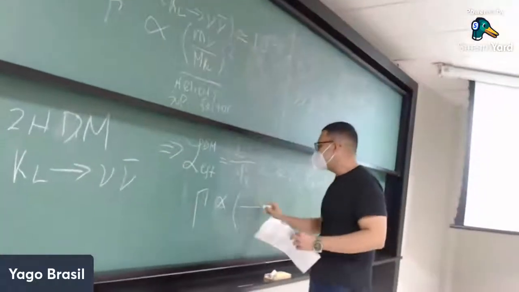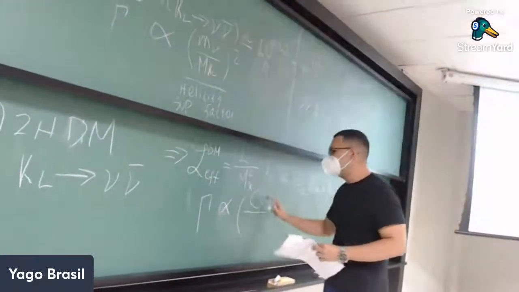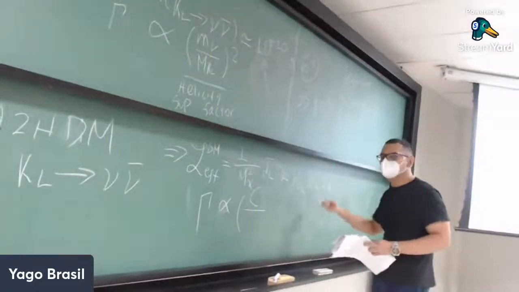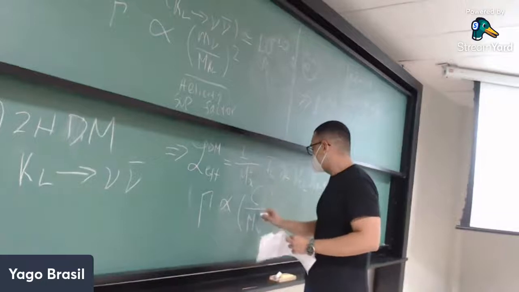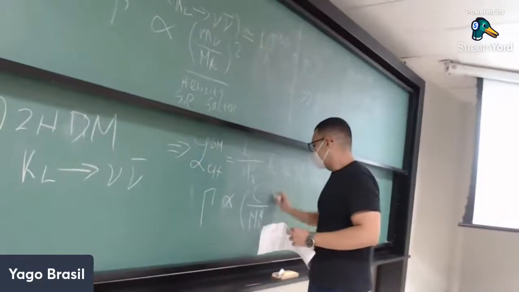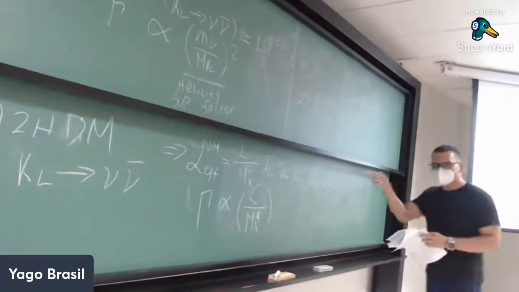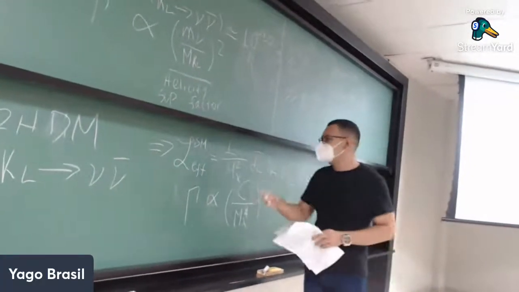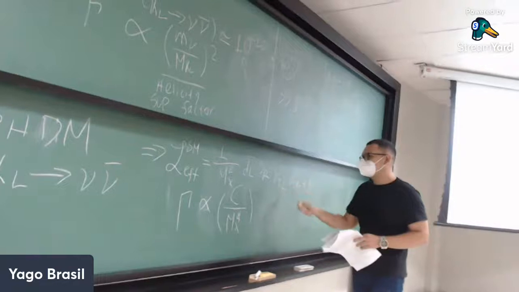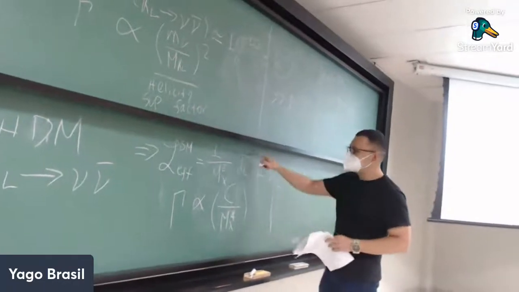It's proportional to a constant that depends on the mass of the particles that we know, but it's proportional to the scale of the energy of that effective theory.